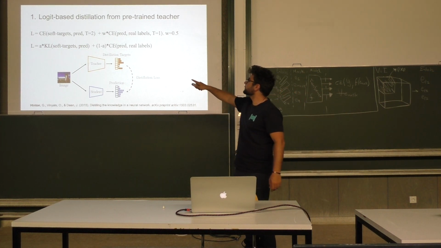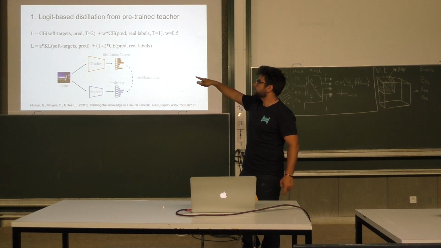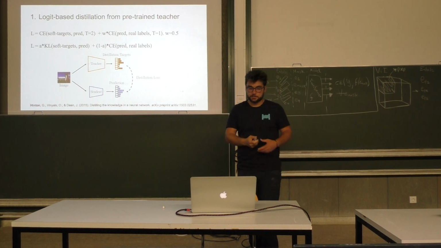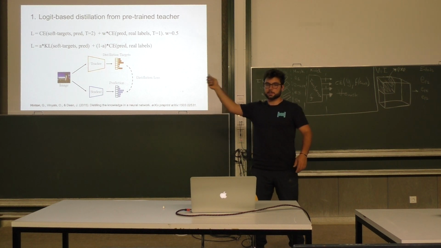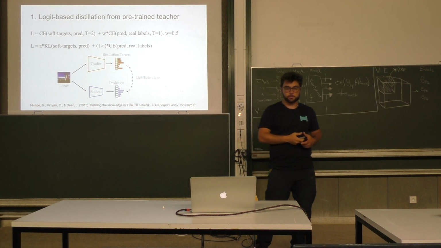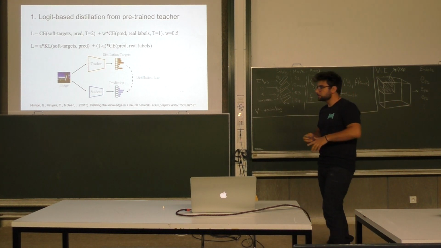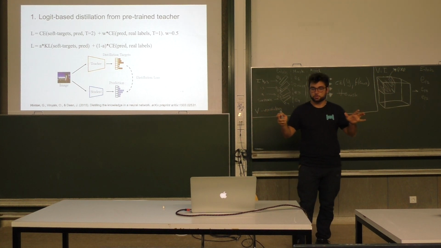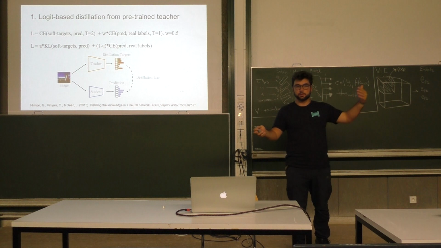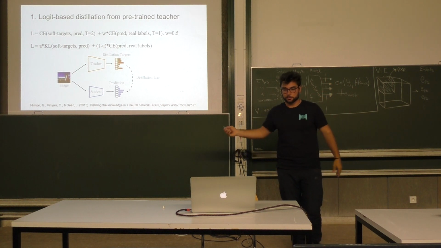And then the second one is what we did in the exercise. We opted for KL divergence with the soft targets, with different weights between cross entropy from the real labels and KL divergence from the pre-trained teacher. So this is the most general and simple way to use knowledge distillation, given a pre-trained teacher with a head that outputs the number of classes that we want.